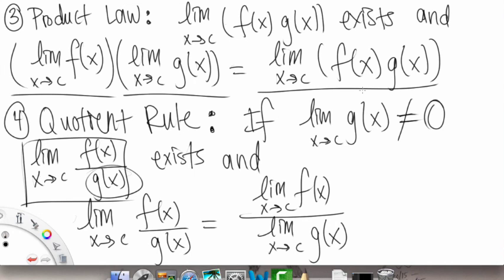Alright, so now for the last rule. This is called the power rule. Power as in exponents.